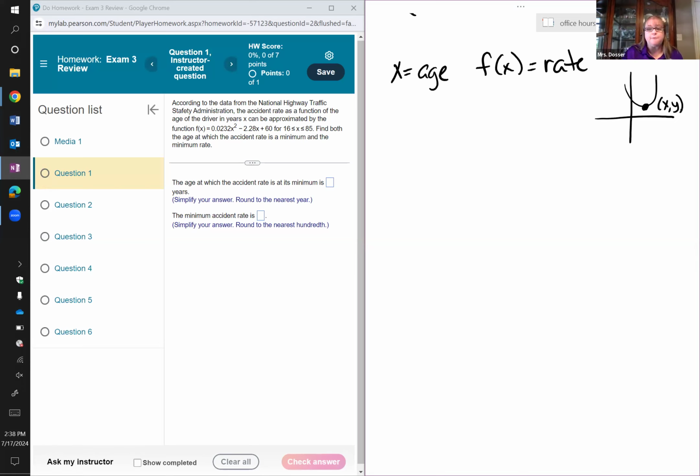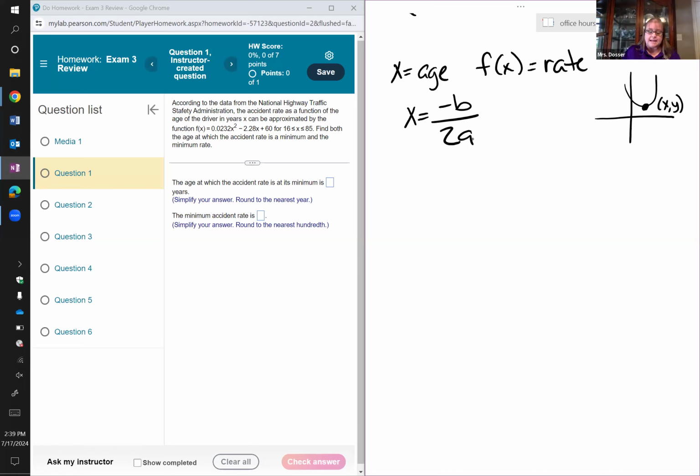So when we're looking for a minimum, we have a formula. Anytime we're asked to find a minimum or a maximum of a quadratic equation, we can use the formula x = −b/2a in order to find the minimum x. And then once we know that x, we can plug it in to find the y value of the minimum.